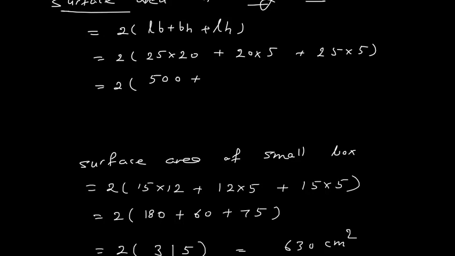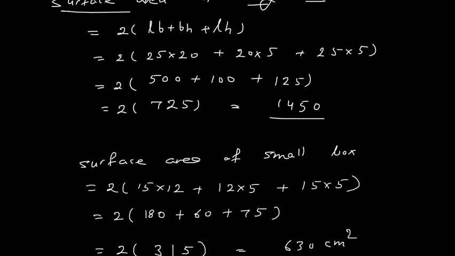This is 20 into 5, 100. And this is 25 into 5, 125. So 500, 600, 700, so 725. And we multiply by 2: 2 5s are 10, 2 2s are 4, 1, 5, and 2 7s are 14. So 1450 centimeters square.